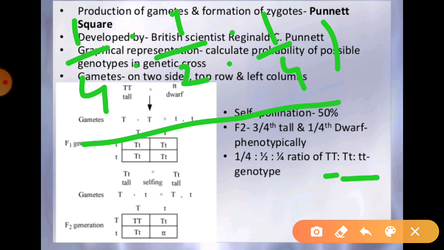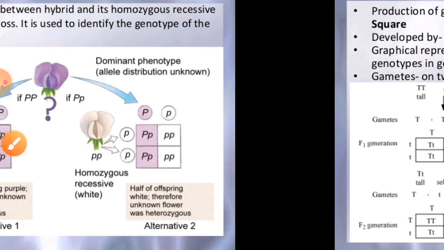So it always depends on that particular condition. But student, if you are seeing 1 by 2 T plus 1 by 2 t over there, why? Because while we consider the gamete formation in that particular condition, they become half each. That's why they have given you such a formula. So don't be confused in your books.